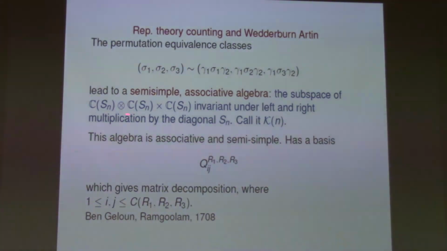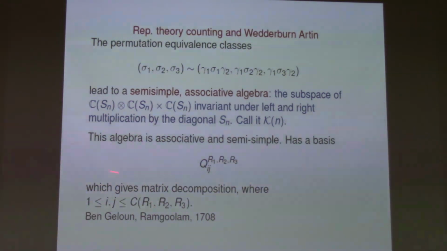In that vector space, I ask what the subspace is which is invariant under the diagonal left and the diagonal right. That subspace, you can show, is an algebra. It's a semi-simple associative algebra. And therefore, its dimension should be a sum of squares, as we just saw, that the number of these equivalence classes is a sum of squares.